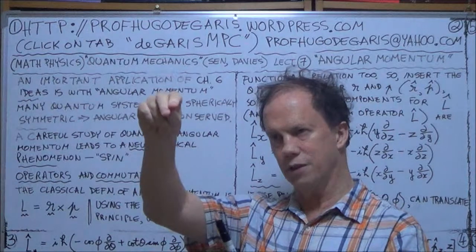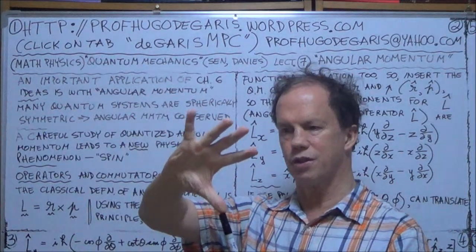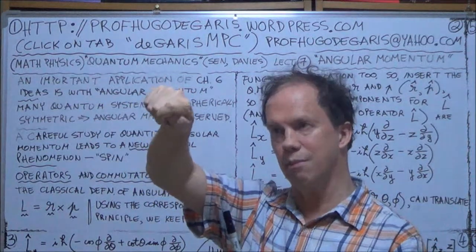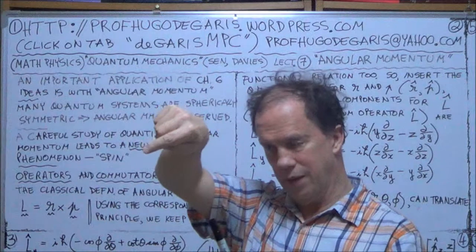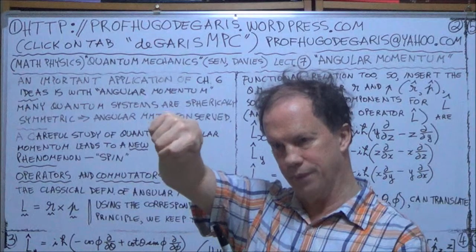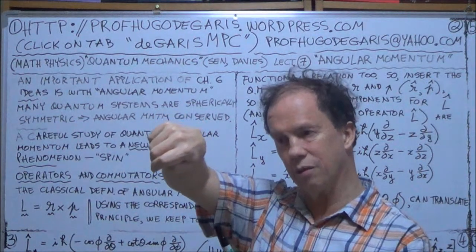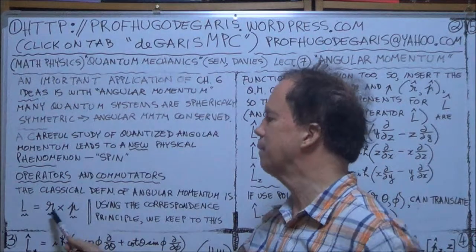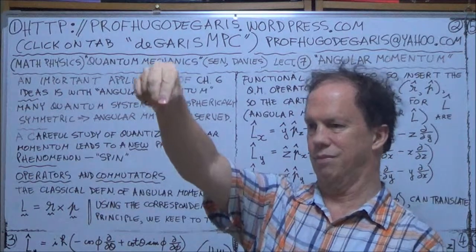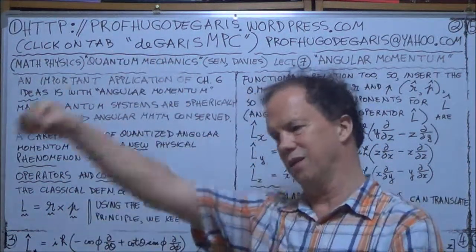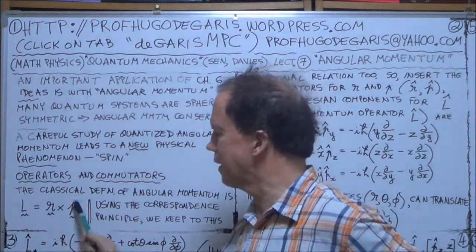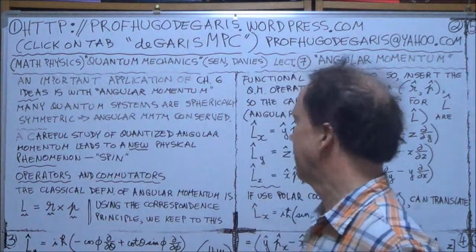And if you suddenly double the length of the string, and this thing is still moving around at the same velocity, m times v, but the length is now doubled, intuitively you feel the angular momentum should double. So that's where the r comes in: the radius of the rotation times ordinary momentum, mass times velocity. That's the classical version of angular momentum.